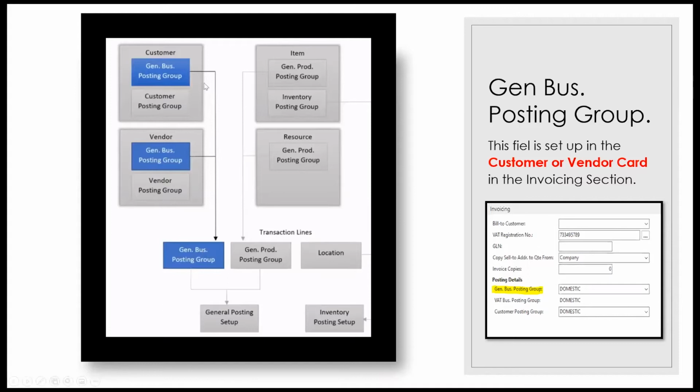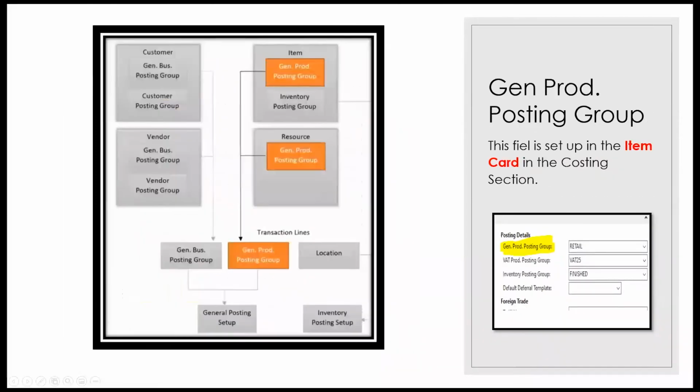And then for you to remember, in another part, the item information is called general product posting group. So it's basically about the terminology. With the general business posting group coming from the customer or vendor and the general product posting group, we then create the general posting setup.